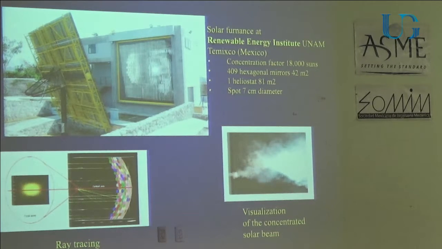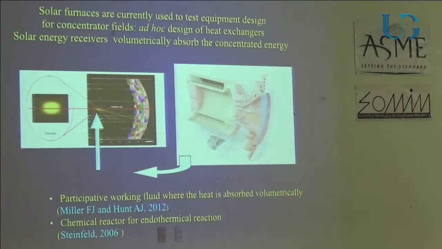Okay, so we now have a lot of solar radiation at this point, and what people that work in this field normally do is design heat exchangers ad hoc for this purpose.